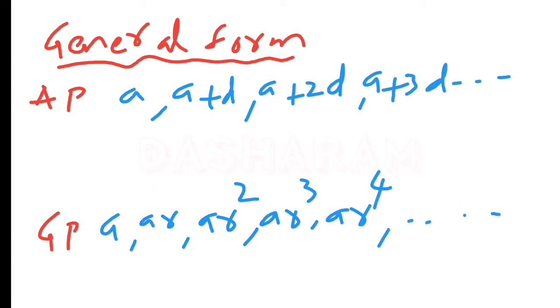Why? Because as per the definition of a GP, every term is obtained by multiplying by the fixed number. That is why a, ar, ar square, ar cube, ar to the power of 4. It is a general form of a geometric progression.